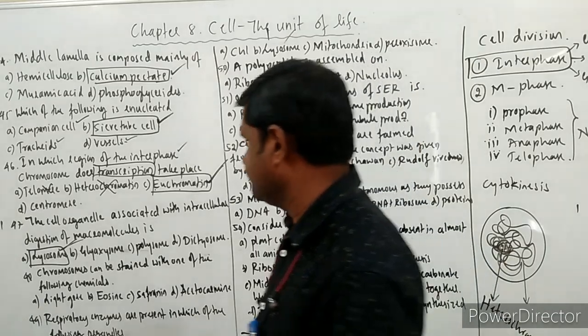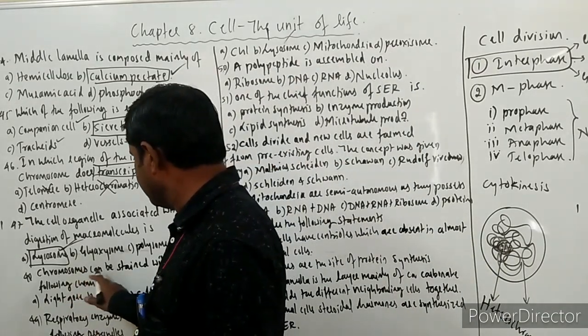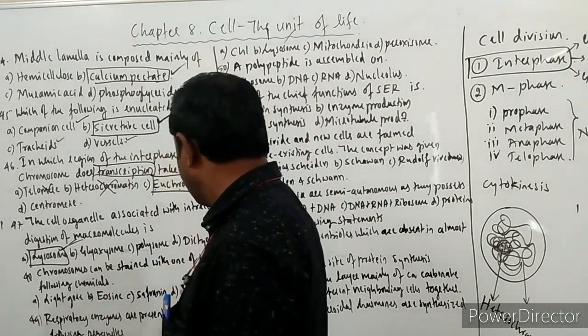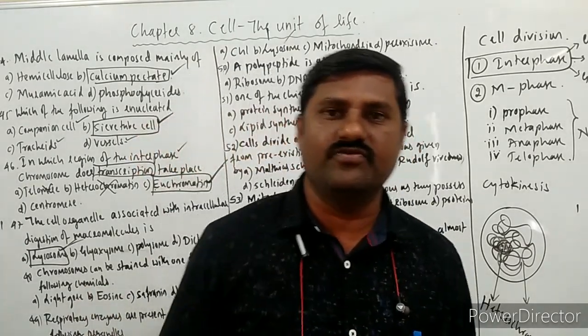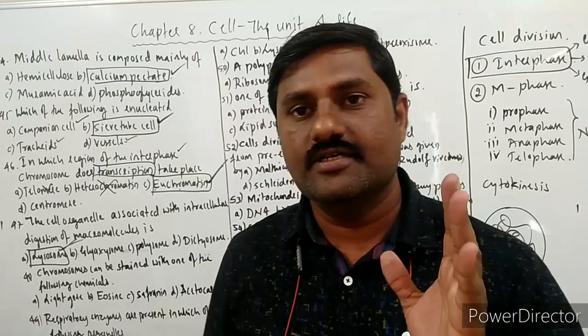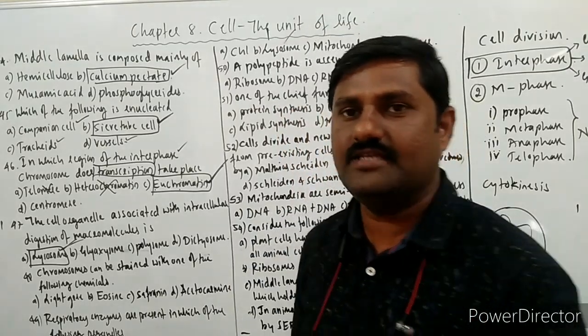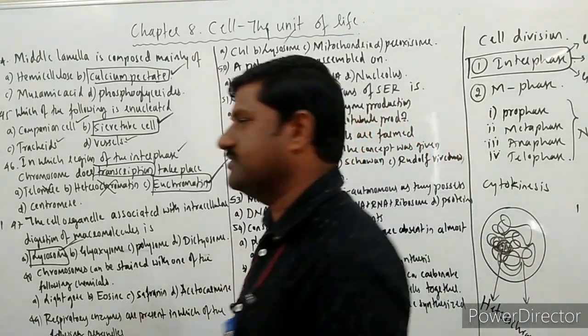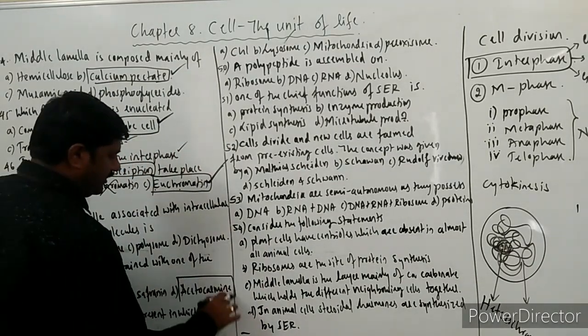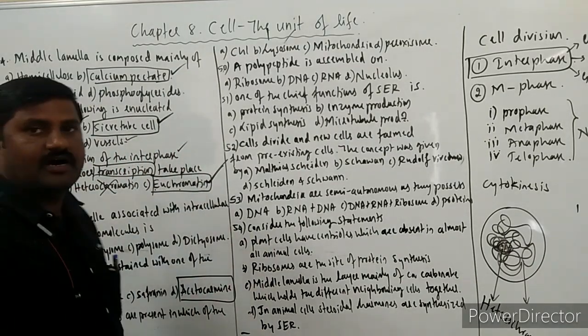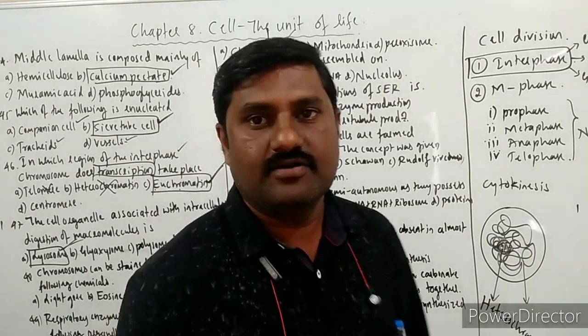Next question is, chromosomes can be stained with one of the following chemicals. What chemicals do we use to stain the chromosomes? That is nothing but the stains. Some of the stains like acetocarmine and aceto-orcein are the stains used for staining the chromosomes.